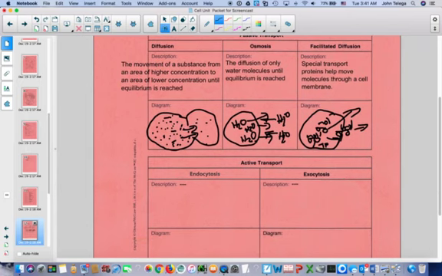Now active transport. Cell membrane surrounds a material and takes it into the cell.